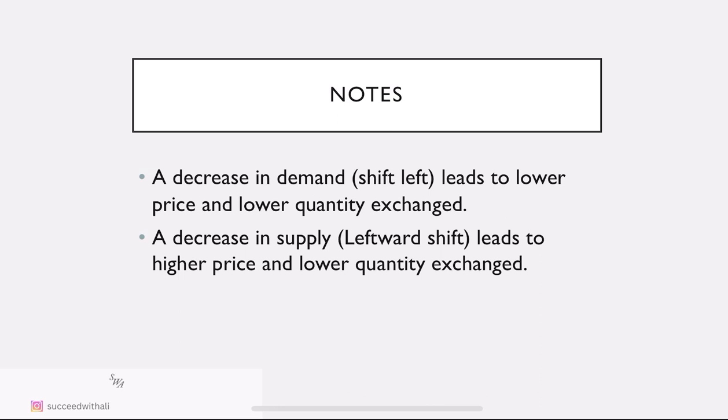So when there's something and people are not demanding it, that will lead to the price of that something being lower. And another example in regard to supply: if there's something and there's not enough of it, that will lead to that something being at a higher price than usual.